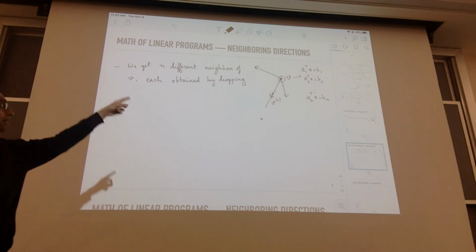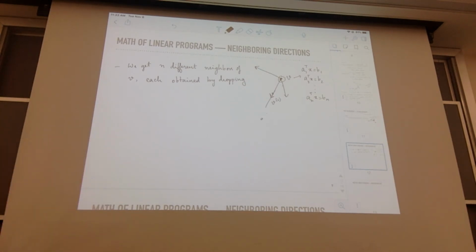Okay, so you have V1, V2 up to Vn. So each obtained by dropping each Vi, obtained by dropping the constraint Ai transpose x equals bi and replacing that.